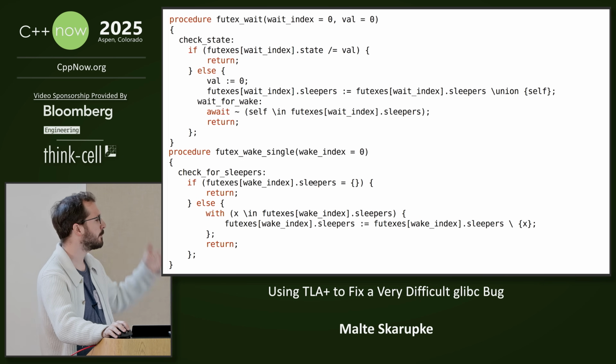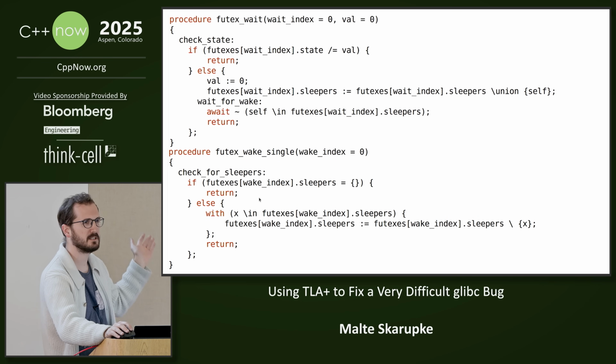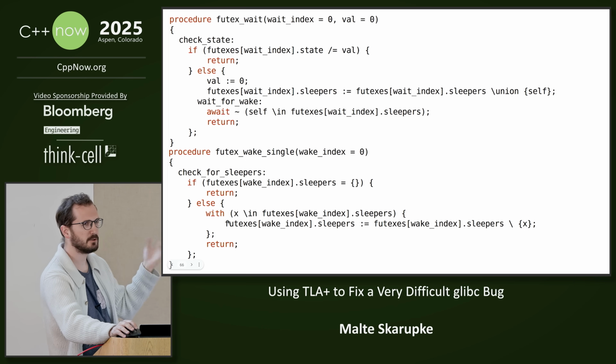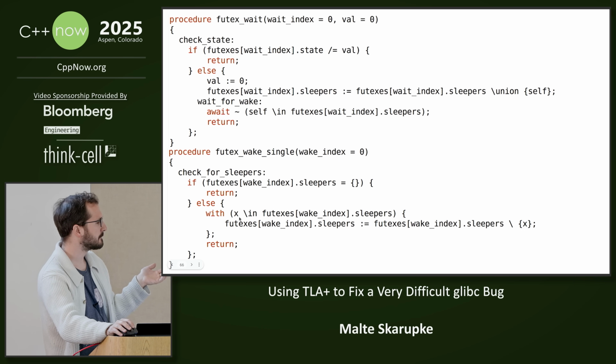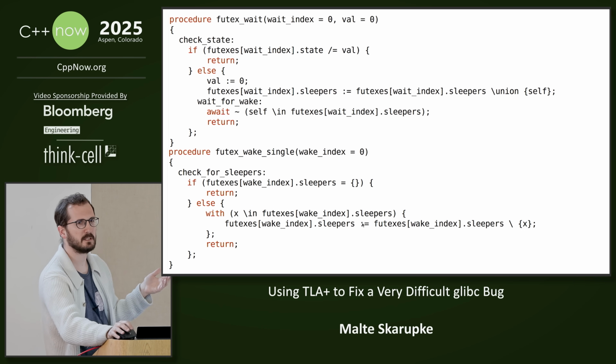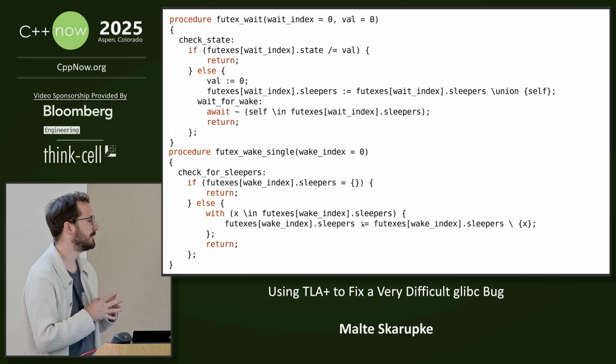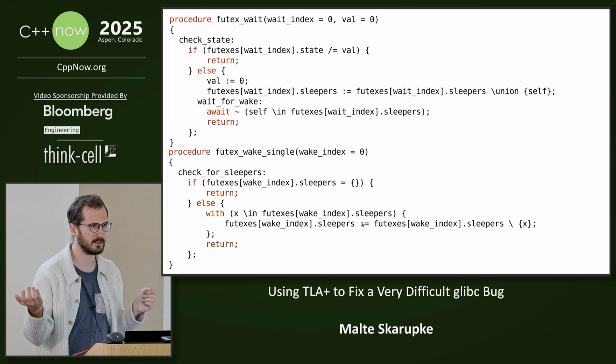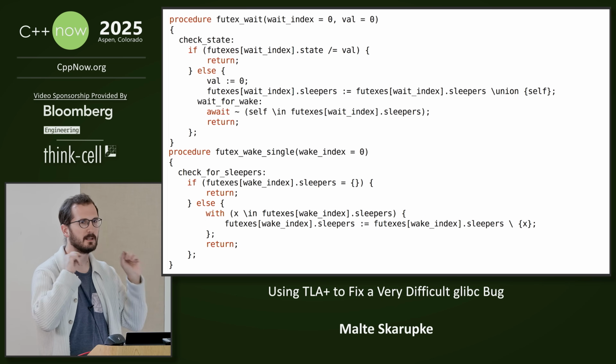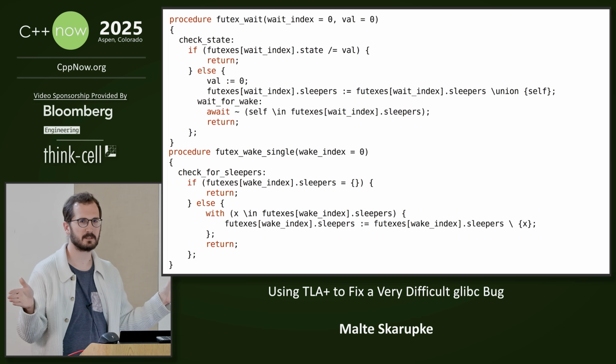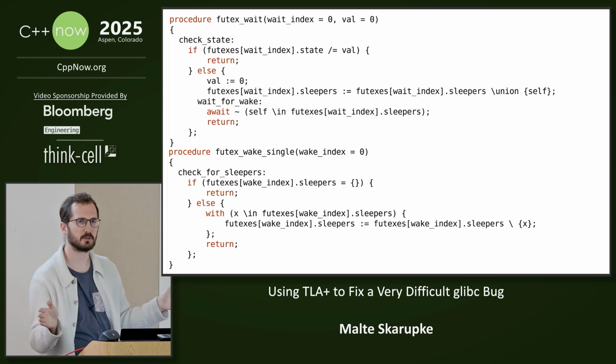And then when we wake, we check if the list is empty first, and if it is, there's nothing to do. If it's not empty, I say with X, and with introduces a variable. And I say X out of the list of sleepers. What this means is pick any variable. And since it's TLA+, what I'm actually saying is branch here and try all the variables, because it will try all the possible executions.